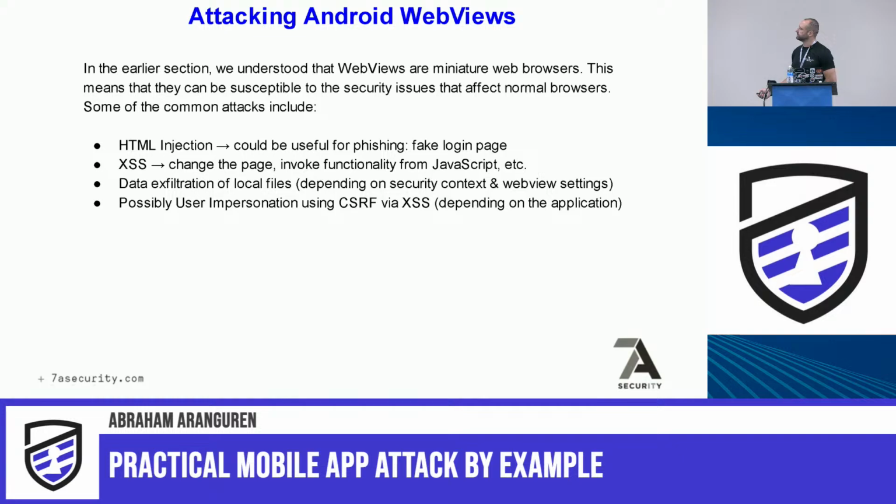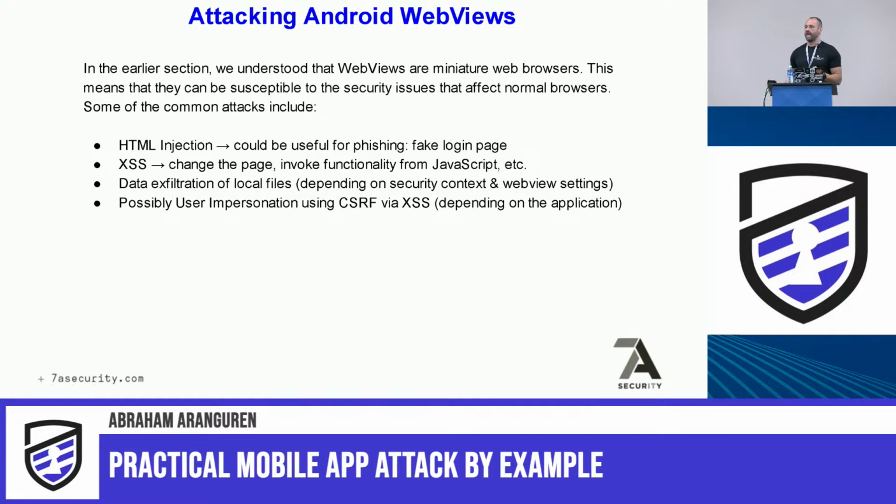Now, HTML injection: if you are a pen tester at the beginning, this might be a bit of a bummer. Like, oh, I can inject HTML, but I don't have XSS. It can be frustrating, but in the context of a mobile application, you have to bear in mind that mobile devices are small. They have a small screen. They don't show the URL to the user.